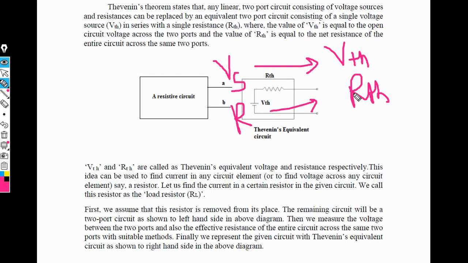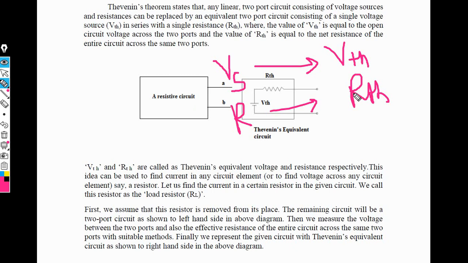VTh and RTh are called Thevenin's equivalent voltage and Thevenin's equivalent resistance. We need these two parameters, VTh and RTh. We also need the effective resistance, which is very important in a two-port circuit, found with a suitable method.